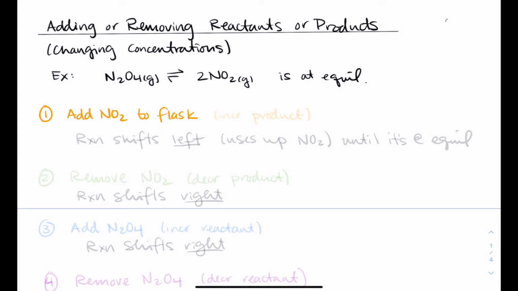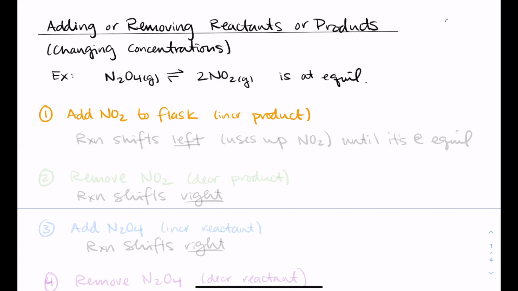Now, numerically or mathematically, if you have a better feel for the numbers, products over reactants, if I'm adding NO2, I'm increasing the numerator, and K is a constant.